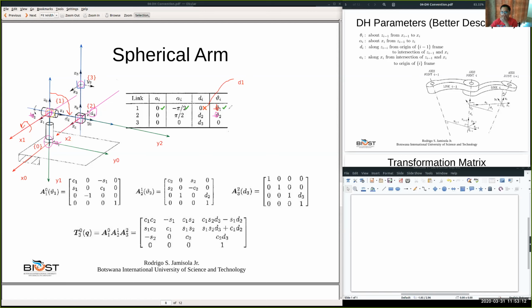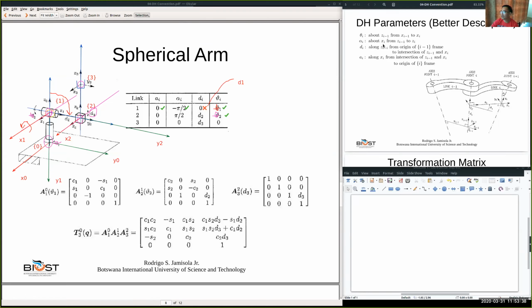Again, it is about Z1 from X1 to X2, but X1 and X2 are parallel. There's 0 angle between them, but because theta 2 is a variable, we write theta 2. So this is done.